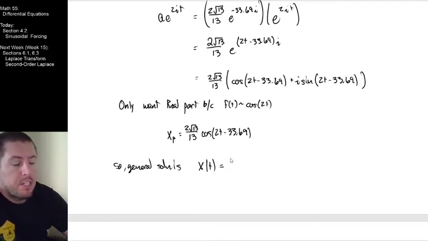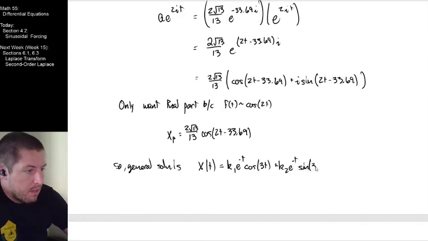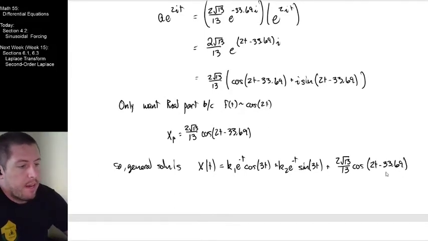So it's going to be our homogeneous plus our particular. Our homogeneous solution was k1 e to the negative t cosine 3t plus k2 e to the negative t sine 3t. And now we get plus our particular solution, 2 root 13 over 13 cosine of 2t minus 33.69 right there.